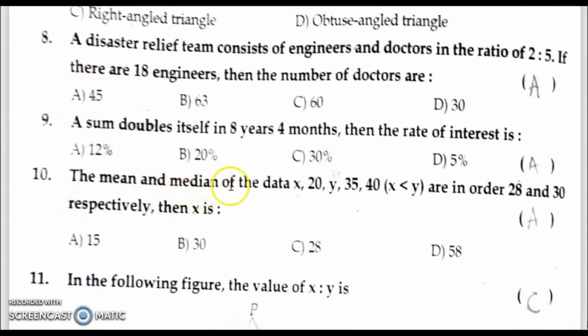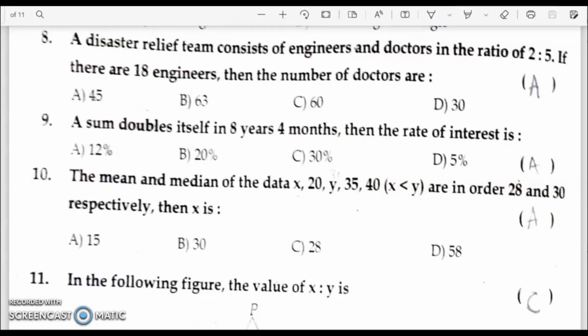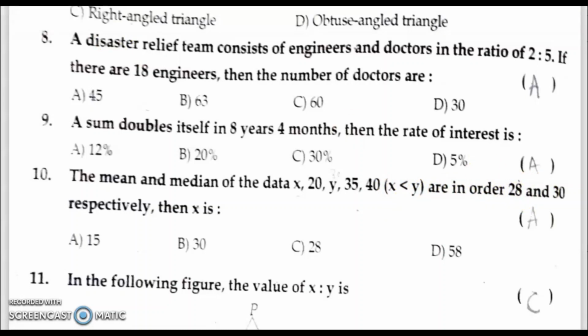The mean and the median of the data x, 20, y, 35, 40, where x is bigger than y, are in order 28 and 30 respectively.